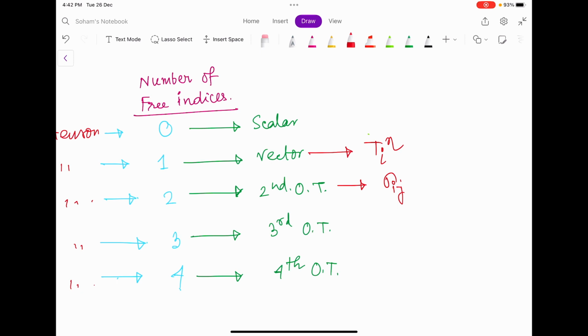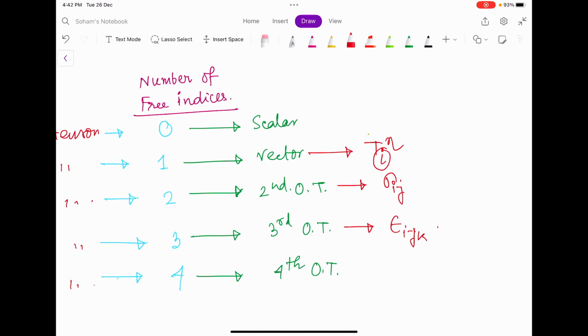This is not correlated with the components of this ti. So this i here is the free index, and a third order tensor is epsilon ijk. This has a separate value.